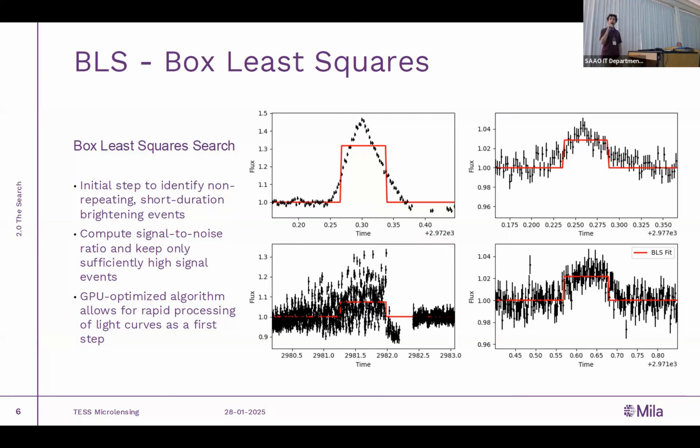So what we do is search for isolated, non-repeating, short-duration brightening events, keeping those with a sufficiently high signal-to-noise ratio when comparing the height of the event to the red and white noise outside of the period of the event. And this is nice because it's GPU optimized. You can do this in parallel and pare down your initial catalog.